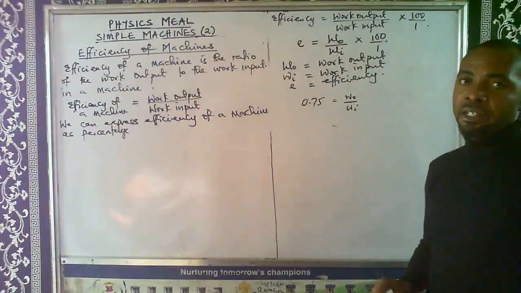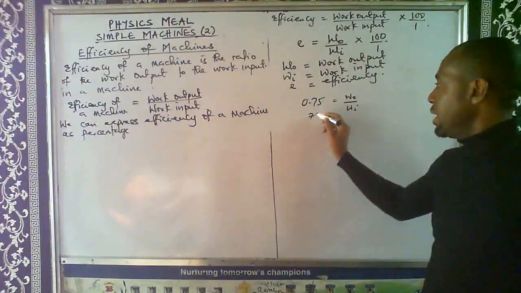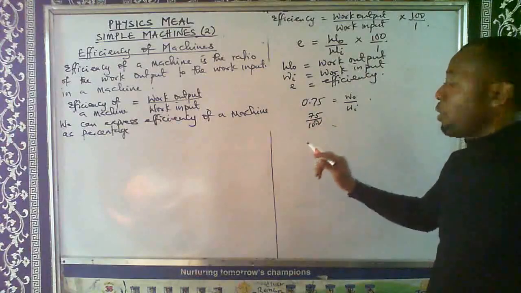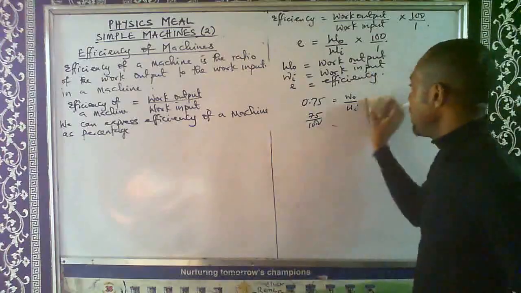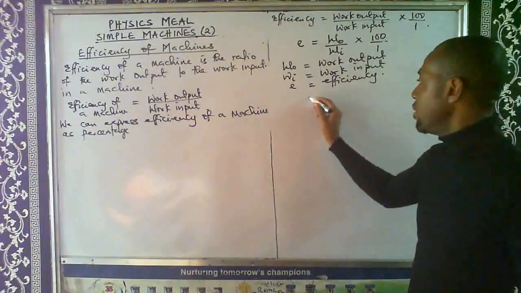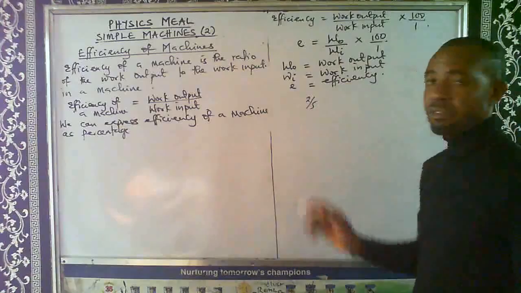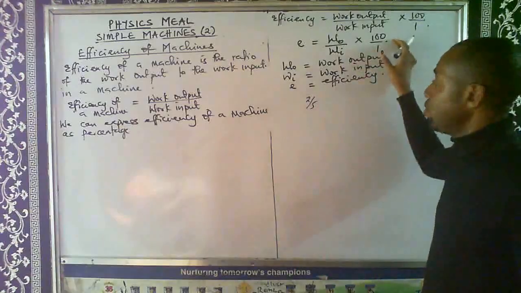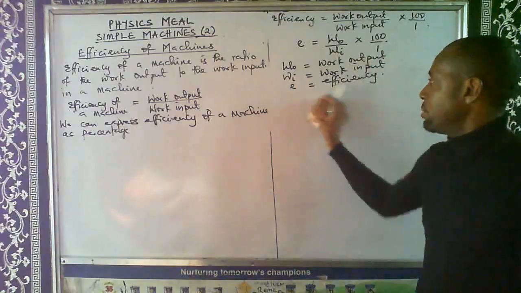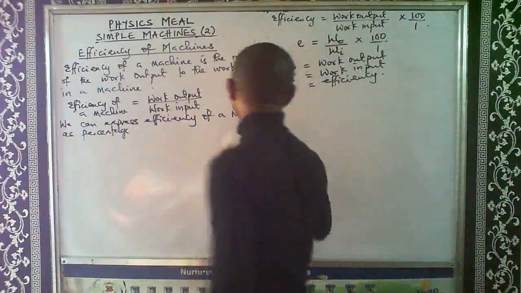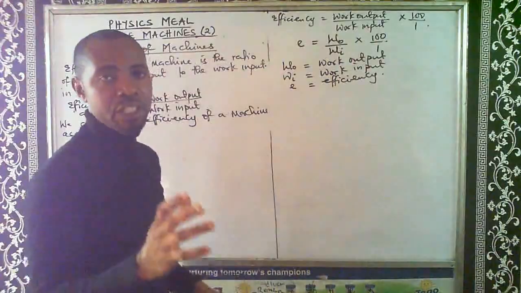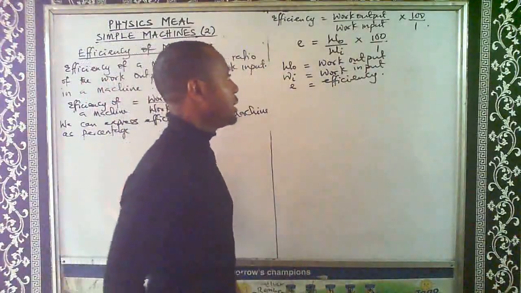It's the same when the efficiency is given as a fraction. You are told that the efficiency of a machine is maybe 2/5, and you still put 100 there. You will mess up. Seriously, you will mess up. So take note: this 100 can only appear in this expression if the value of the efficiency is in percentage.